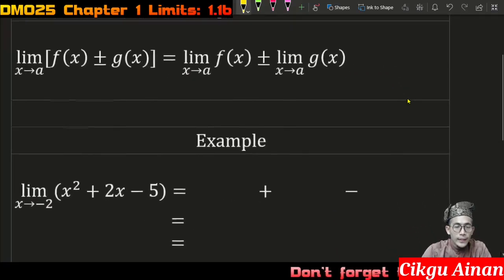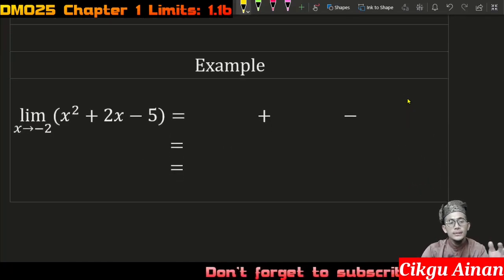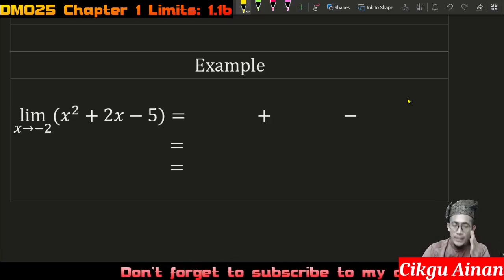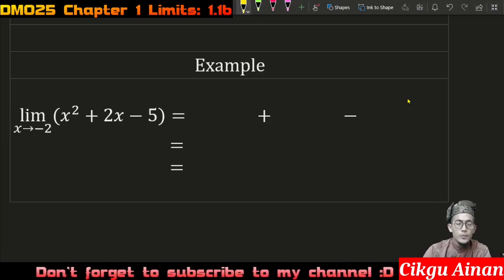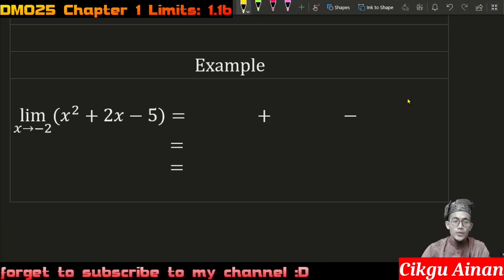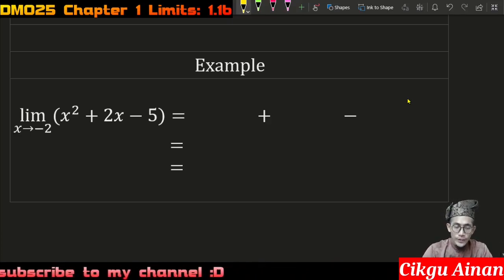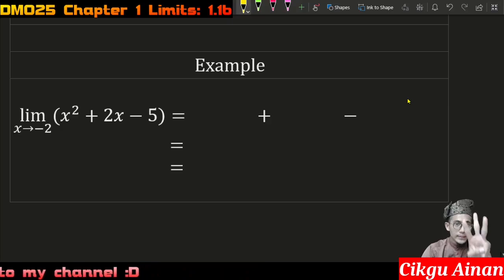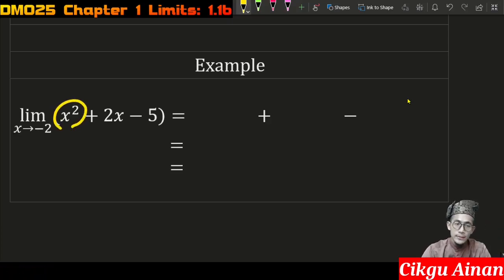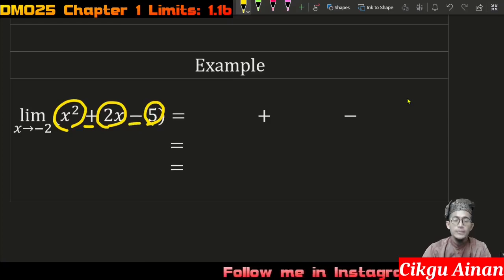Okay, now consider the limit of x squared plus 2x minus 5 as x approaches minus 2. As I said, over here we have 3 different functions. The first one is x squared, the second one is 2x, the last one is 5. And we have a plus and a minus between them.